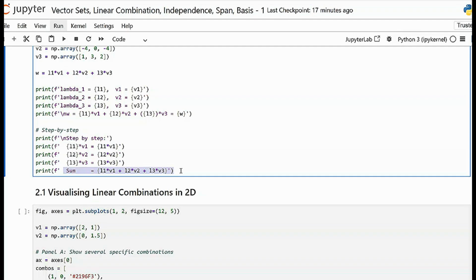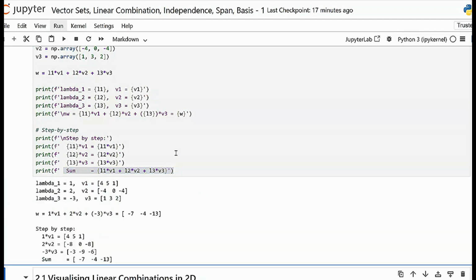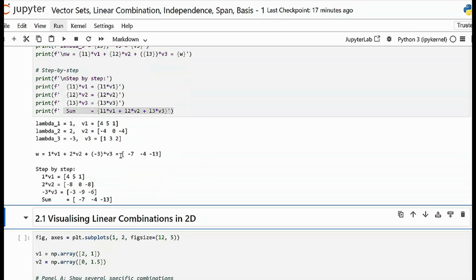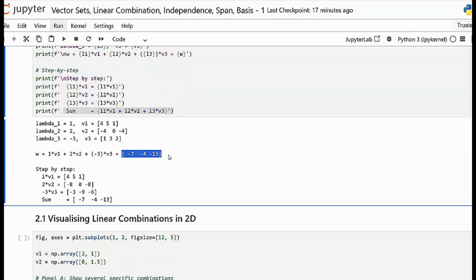The linear weighted combination produces the resultant. Let me execute, and this is the resultant. Whether we use the direct functionality or the step-by-step functionality, we get the exact same value.